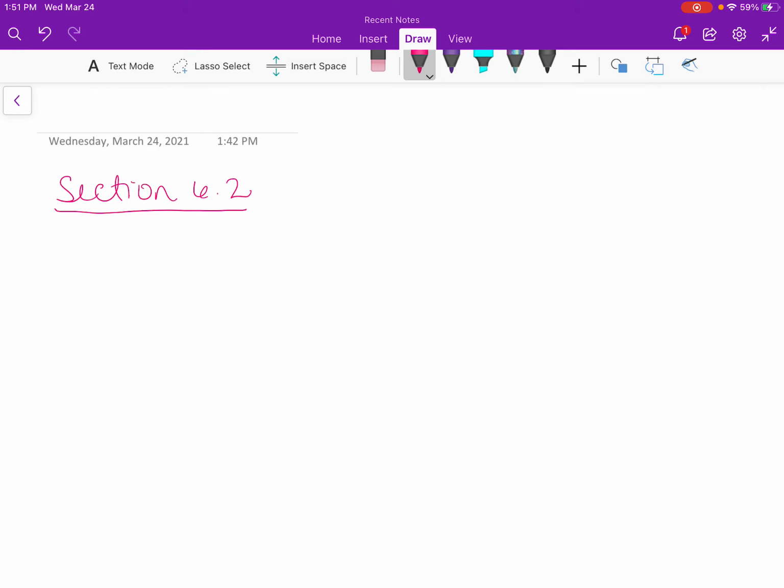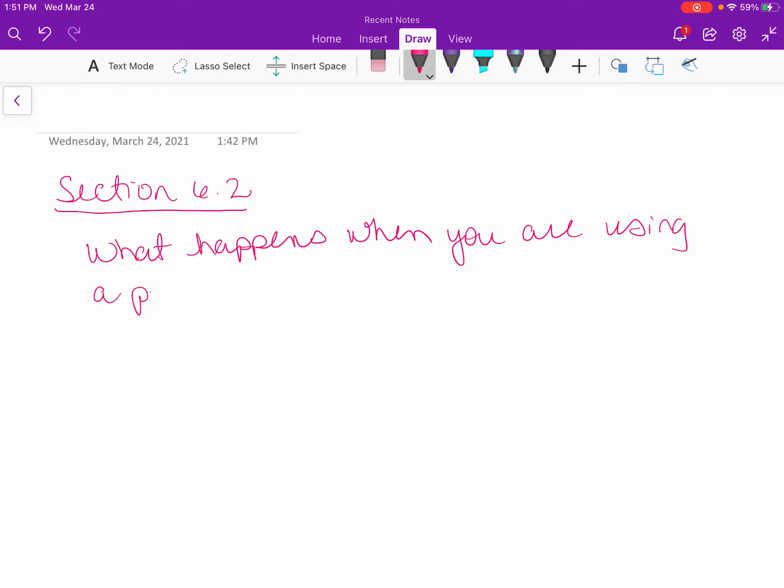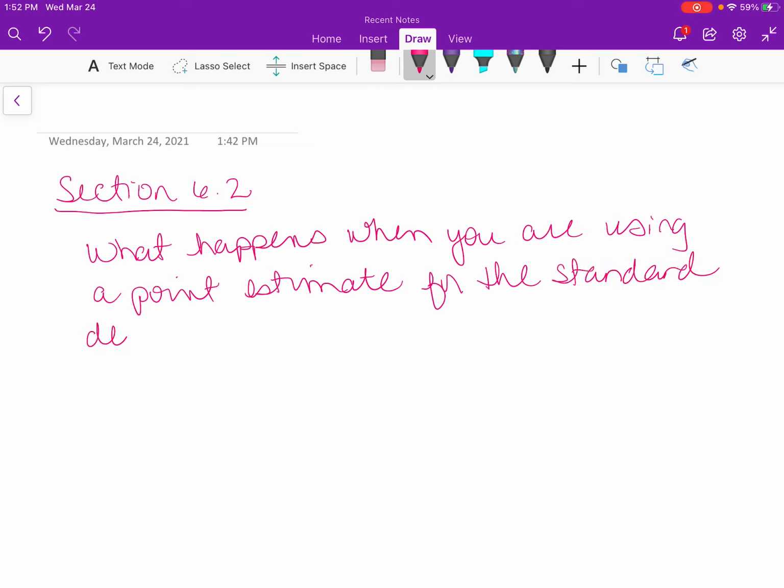That's not always going to be the case, and so we need to look at what happens when you are using a point estimate for the standard deviation as well as for the mean.